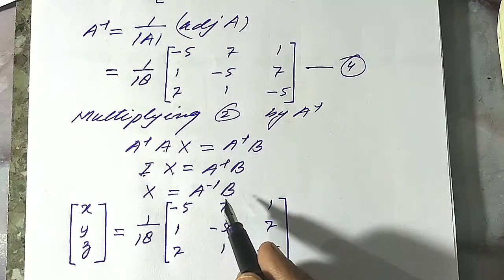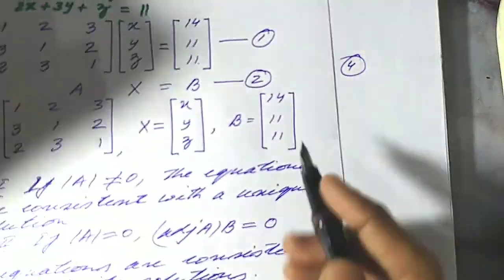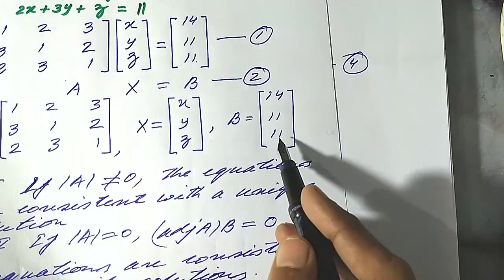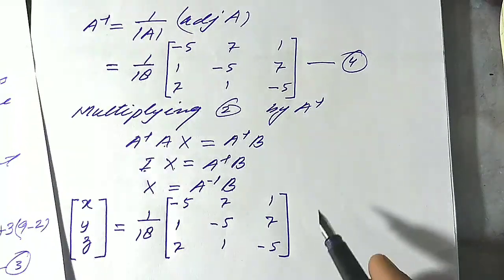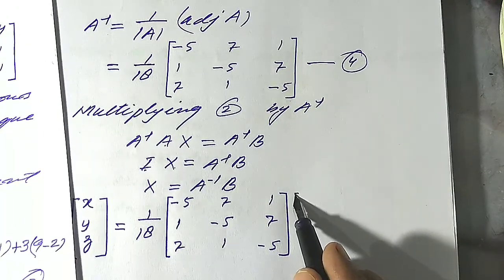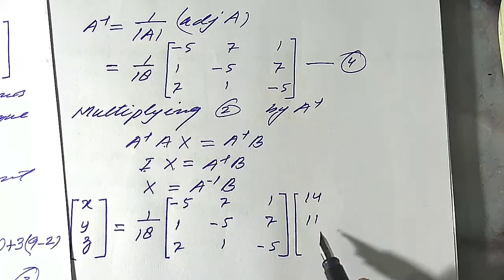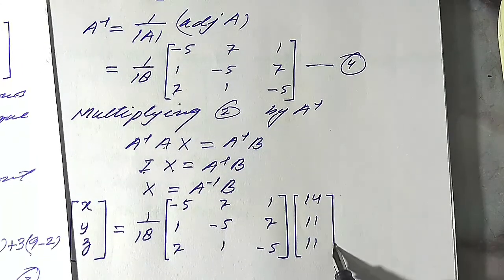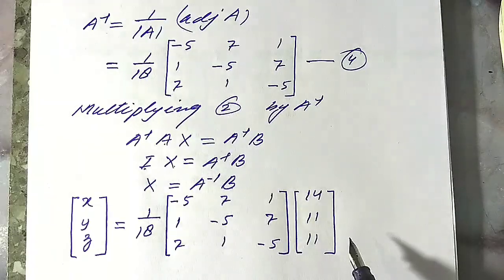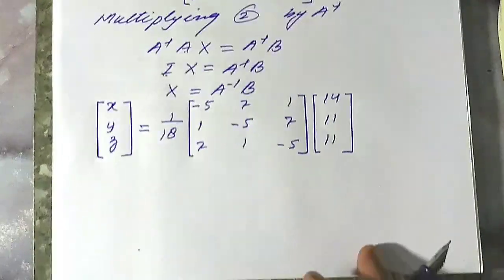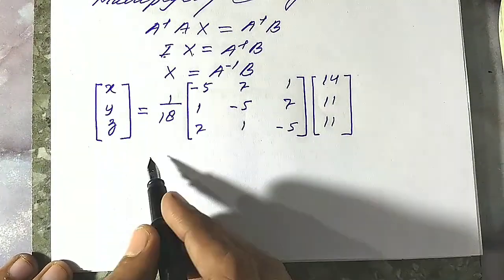In the beginning we have written this. B is the column matrix of the constant terms. So write down B over here: 14, 11, 11, right? So we have this.